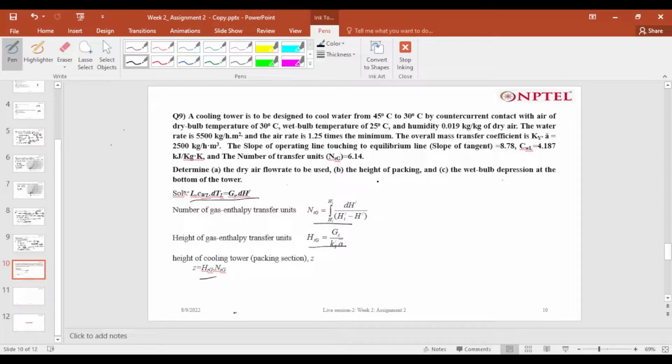So first calculate: Tg1 is given, Tw1 is given, Y1 is given. Now use this equation to solve the dry air flow rate, Gs.